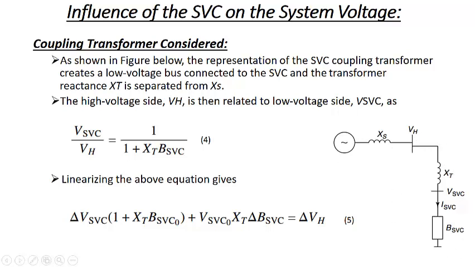You'll see it becomes a voltage divider circuit, where this VH will be divided between XT and VSVC. So VSVC in terms of VH will be equal to the reactance of this divided by the reactance of this plus the reactance of this.